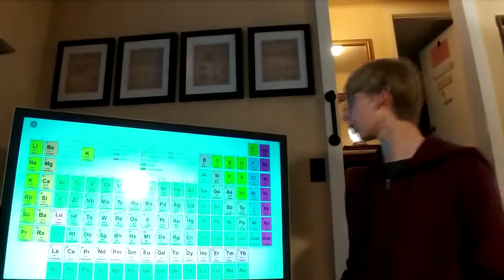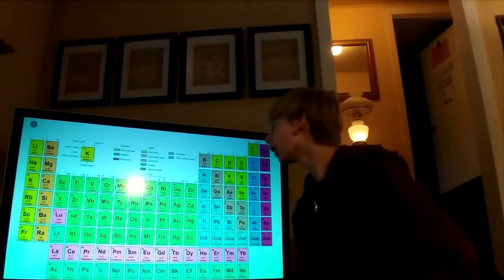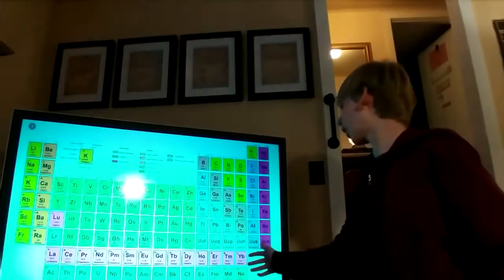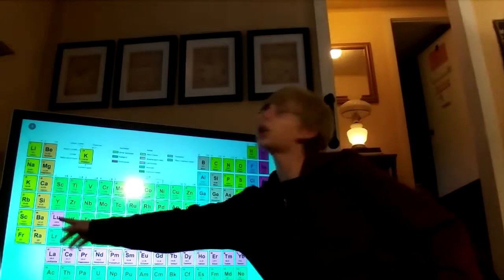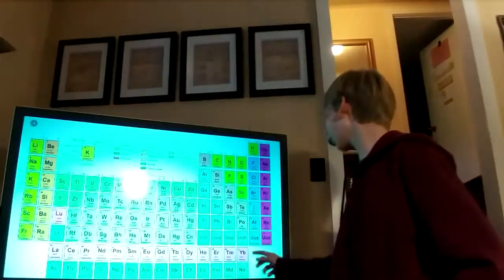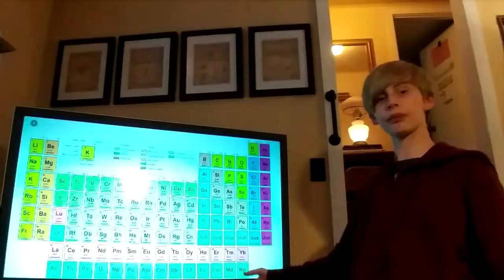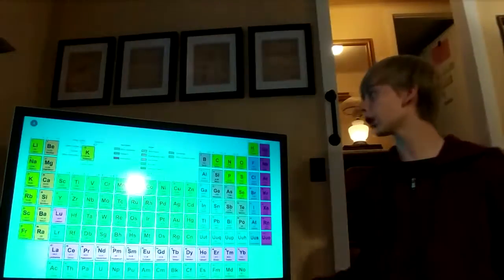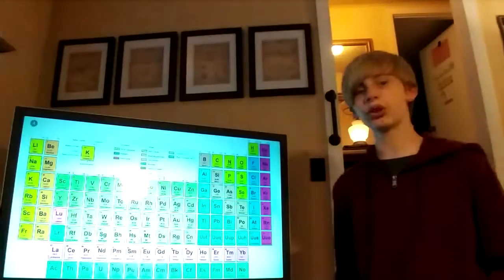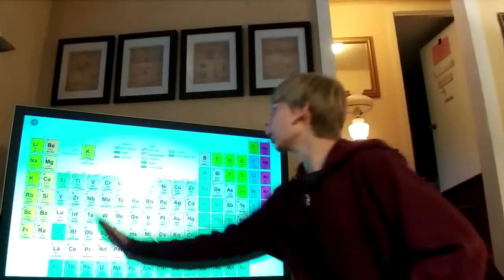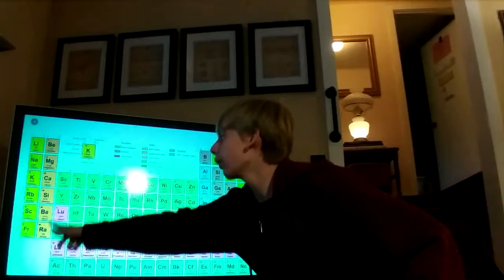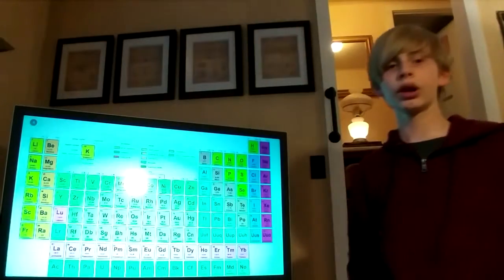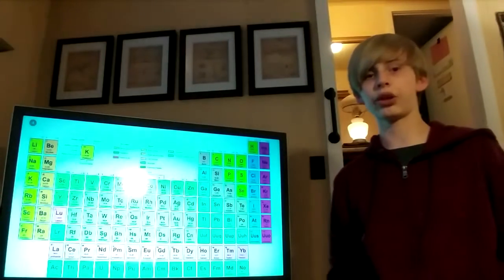This one has lawrencium on the bottom, the last element in the series, and lutetium on the top, which is also the last element in the series. It turns out this final type of periodic table is the most accurate one, if you want to cut out this area right here. And I shall explain why it's the most accurate.